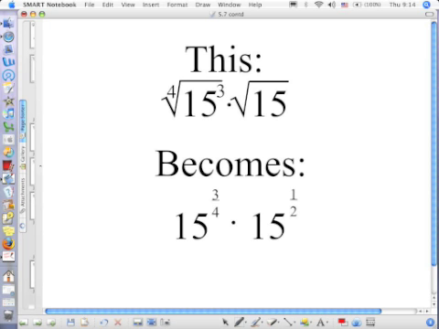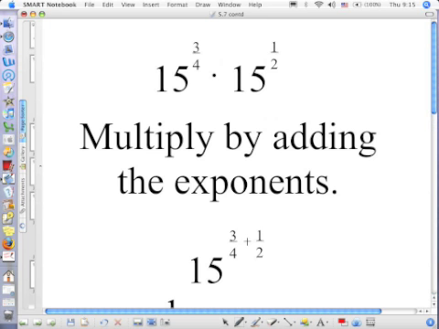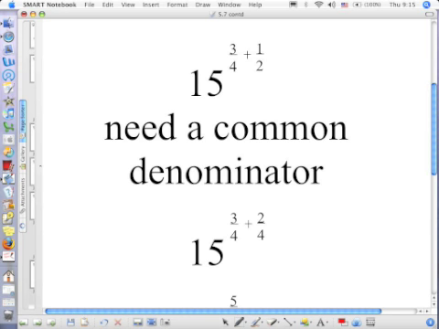And now we ask ourselves, okay, what am I trying to do here? I'm trying to multiply. So what do I do with the exponents? I have to add them, which means I need to get a common denominator. So I'm going to multiply by adding the exponents, which requires me to get a common denominator, which is 4, correct?